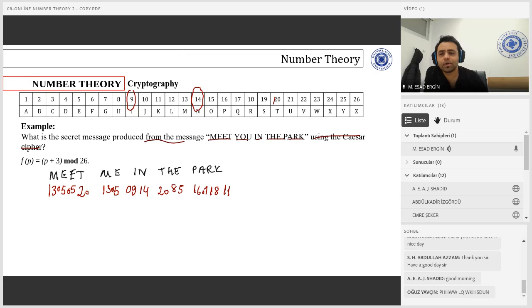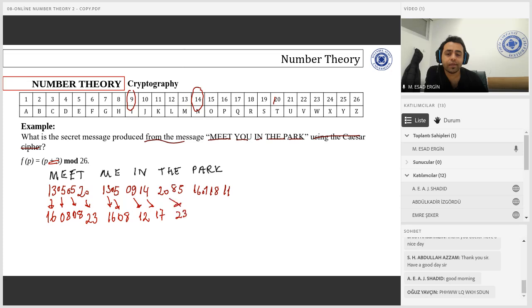So if we shift by 3, we are going to use 16 instead of M, and instead of E, we are going to use 8. Instead of T, we are going to use 23. The same logic, the same process we are going to use for the rest.